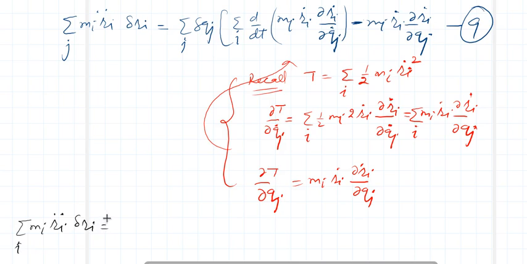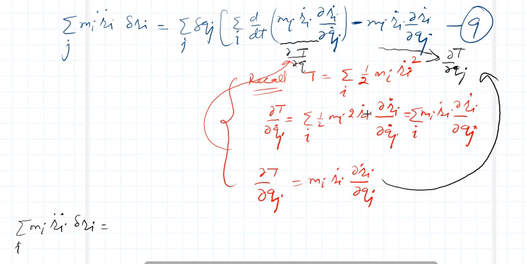It must be equal to, because here I can put m_i r_i, since the summation I can take inside or outside, this whole term will be replaced by ∂T/∂q_j dot, and this part is simply ∂T/∂q_j. I have used this part here and this part here.